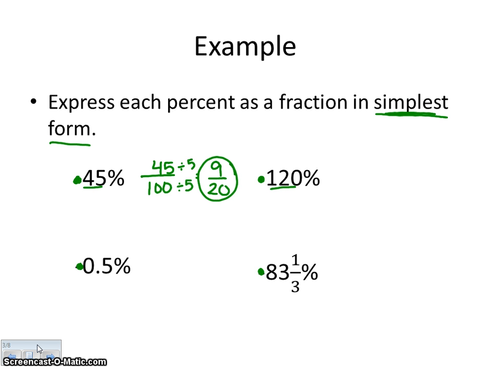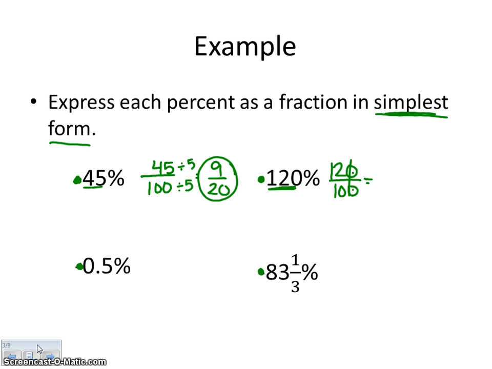All right, and the same thing for 120%. You're going to write it over 100, and you're going to write in the numerator exactly what's given to you, so the full thing is 120. Then I'm going to simplify this a little bit more. If I have a 0 and a 0 here, I can just cross those out.